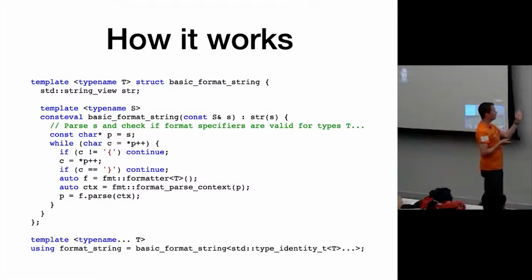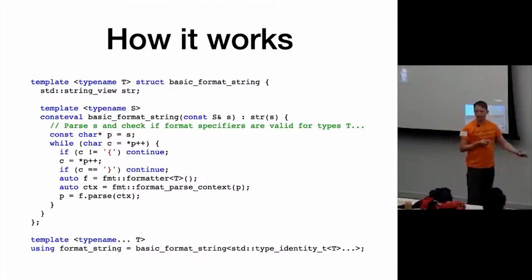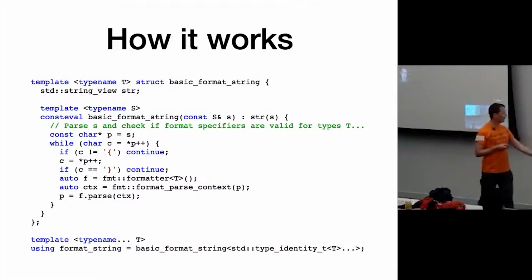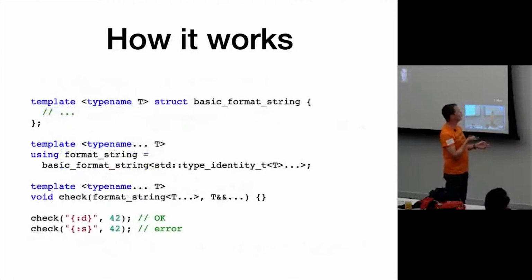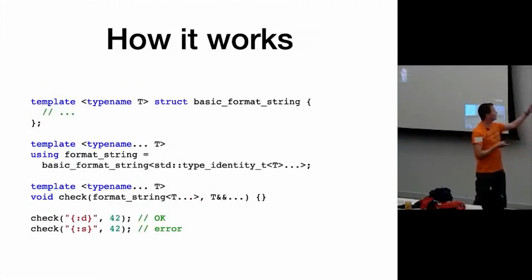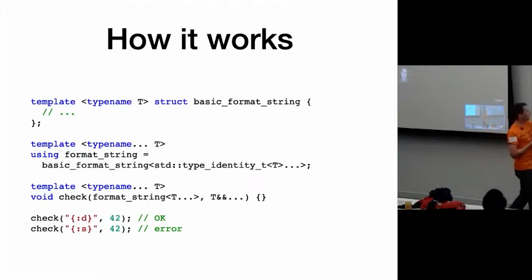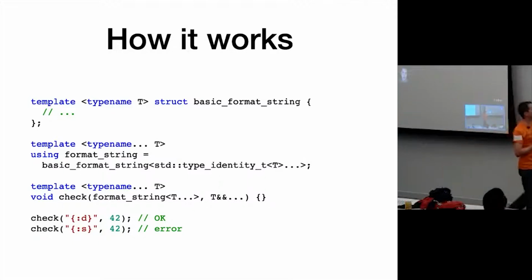I mentioned the third component is type identity. Why do we need type identity? It's to prevent type deduction. If we go forward here, we have our basic format string, and our format with type identity. We have a function that takes a format string.